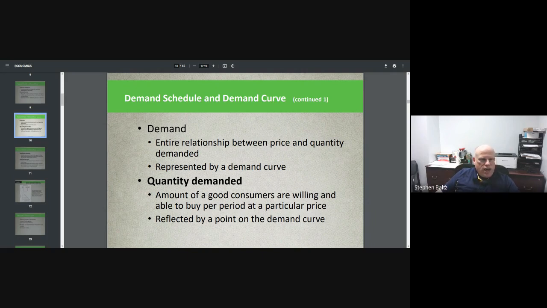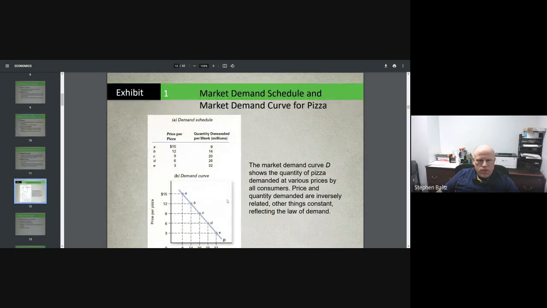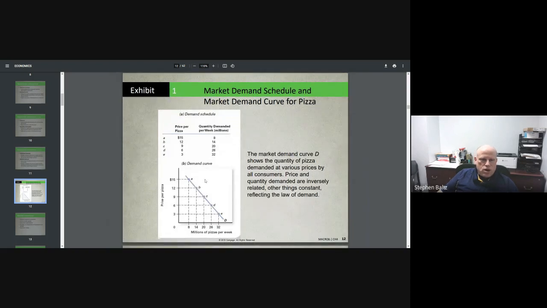All right. So let's look at this. This is Exhibit 1 that's in your book in Chapter 4. And this is basically showing the market demand for pizza. Okay. So you'll notice here that there's various prices for pizza along the demand curve, and at each one of those prices, there's an associated quantity demanded.